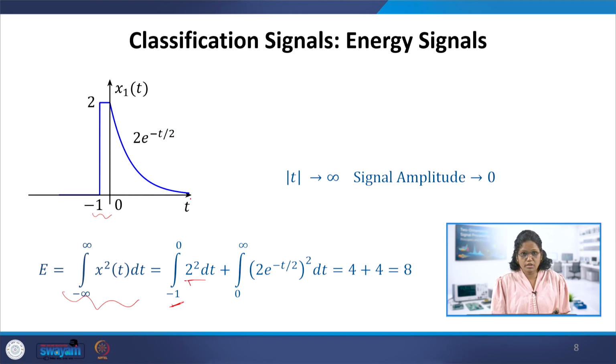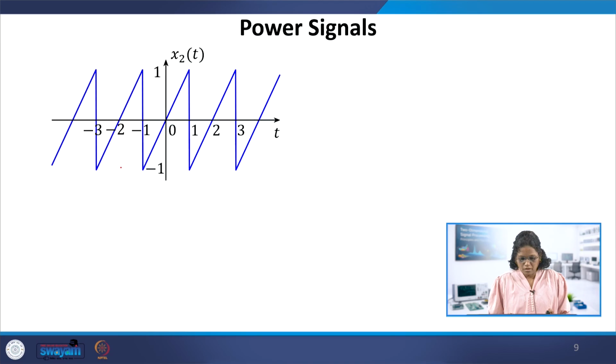Then from 0 to infinity, it is the exponentially decaying signal, 2 e power minus t by 2, squared, dt. The signal squared gives the energy. This integration results in 4 for the first part, and similarly from 0 to infinity you get 4, so you get 8. This is a finite value. So this signal has finite energy, and that makes it an energy signal.